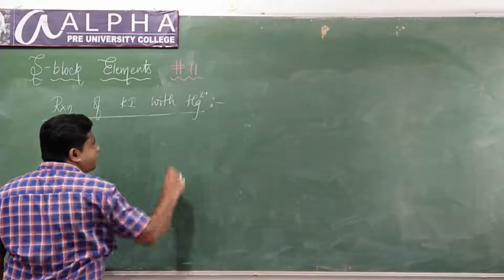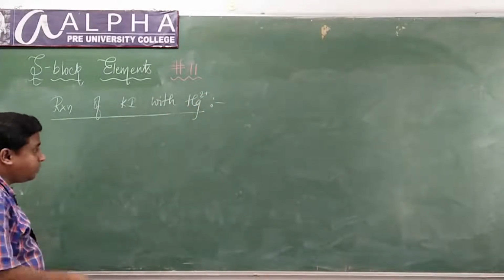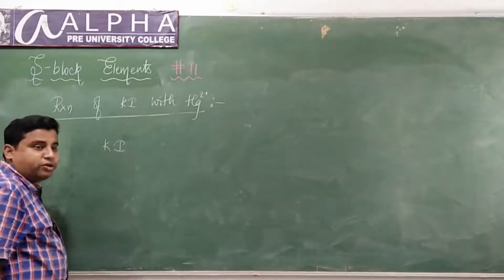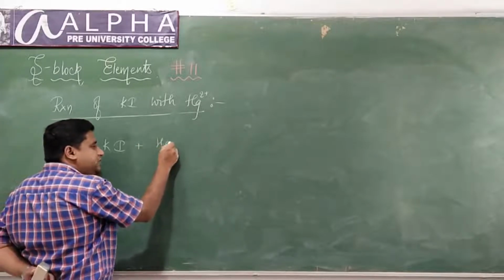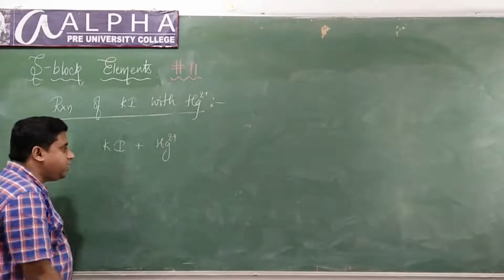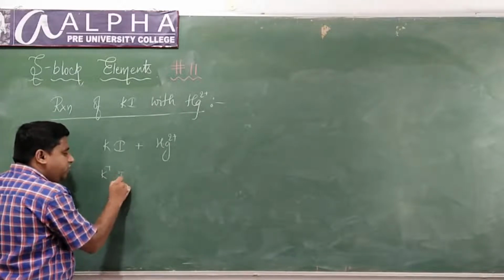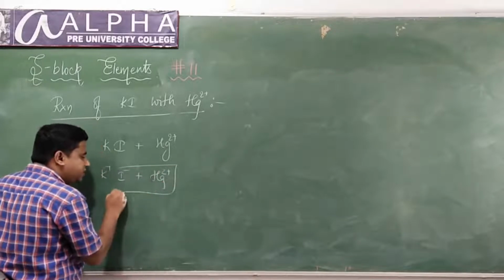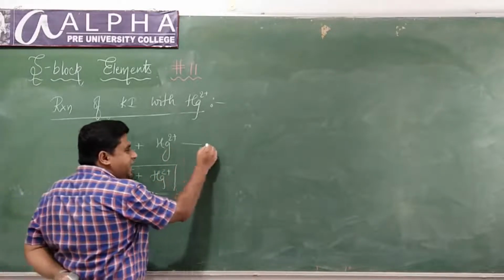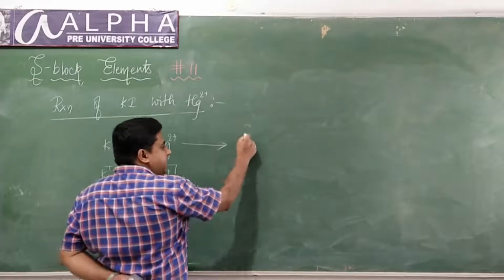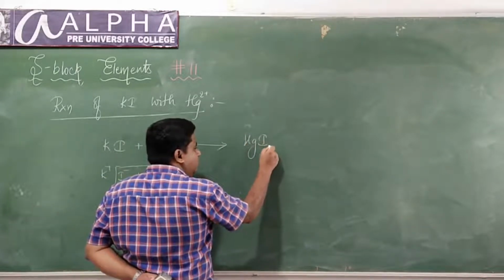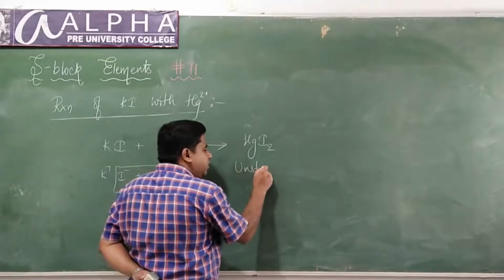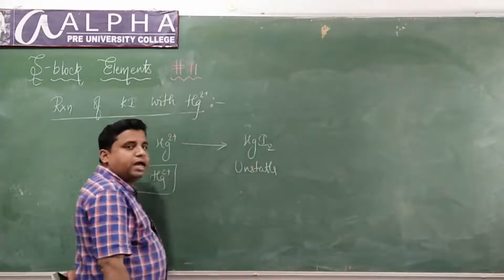Look here, when potassium iodide reacts with mercuric ion, try to interchange the ions, apply the crisscross method. You will get a highly unstable compound, HgI2, which is mercuric iodide.